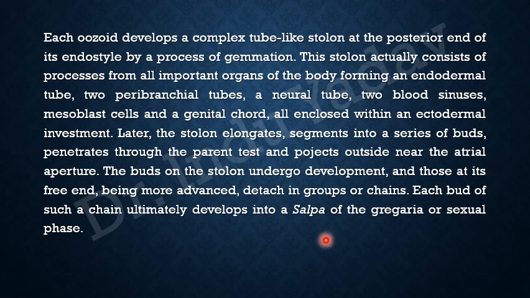As explained above, the stolon is a tube-like structure having these two peribranchial tubes, neural tube, two blood sinuses, mesoblast cells, and a genital cord, all enclosed within an ectodermal investment. All these structures combine, and with their combined effort the cells are formed which differentiate into new individuals.